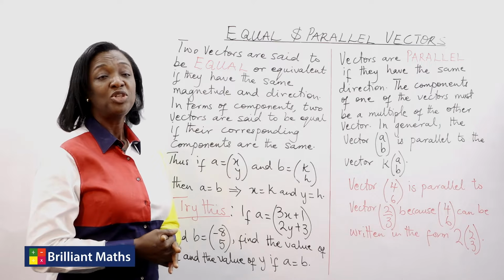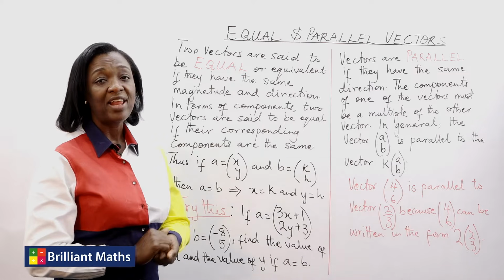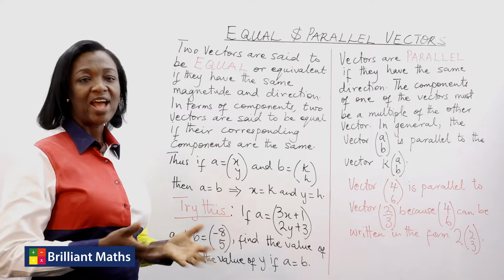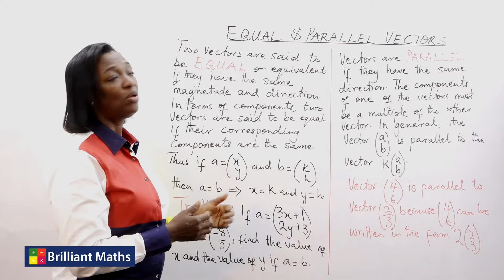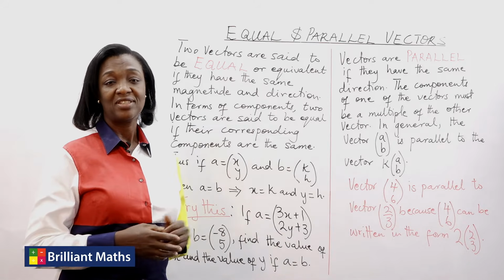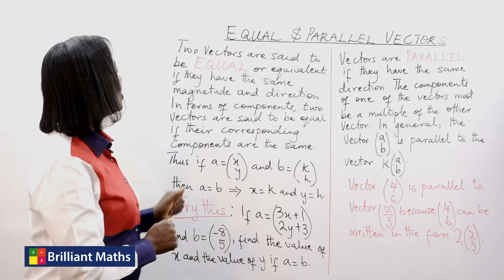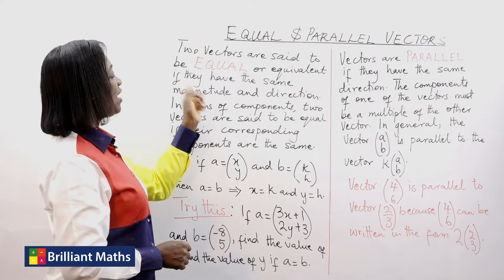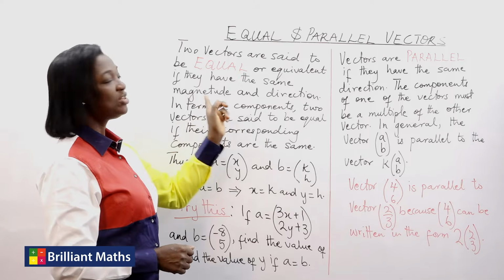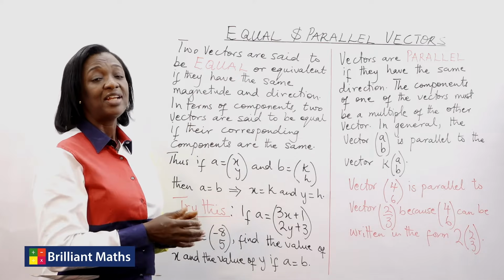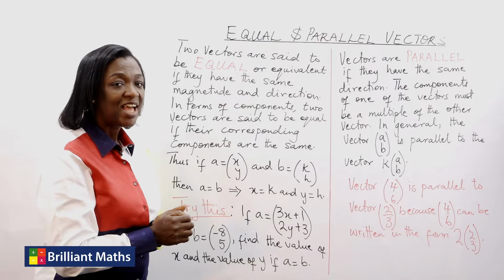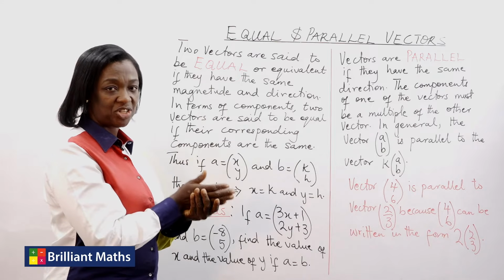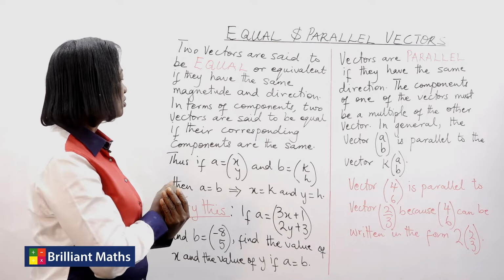So here we want to look at equal and parallel vectors. When are 2 or more vectors said to be equal? Or when are 2 or more vectors said to be parallel? 2 vectors are said to be equal or equivalent if they have the same magnitude and direction. That is, if they have the same size and are in the same direction, then they are equal.